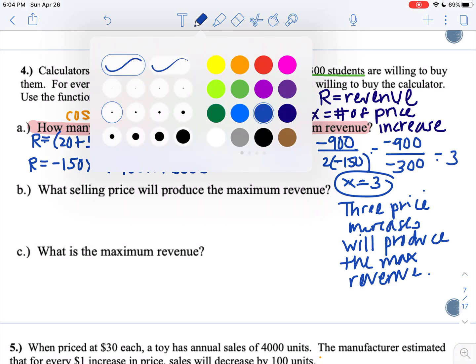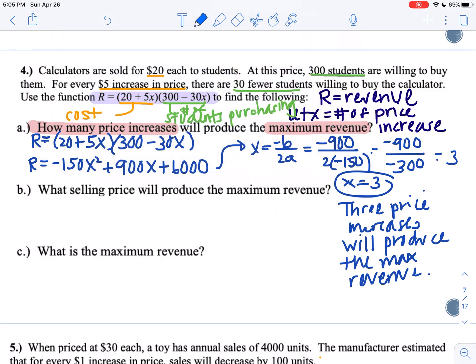I'm going to change my colors here just so we can differentiate between the work. We're going to use a light blue now. At what selling price will produce the maximum revenue? This is where we can use some logic. If x equals 3, that means I'm increasing the price 3 times. You have a few different ways. You can calculate it mentally, or I can go back to the top part where I look at my first binomial, 20 plus 5x, because that represents the price.